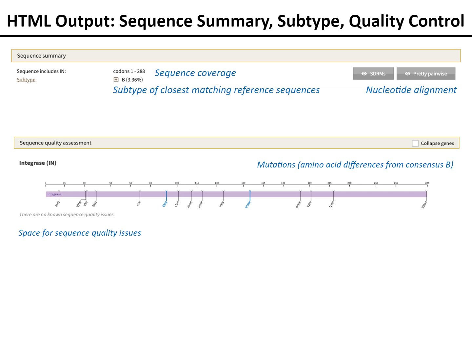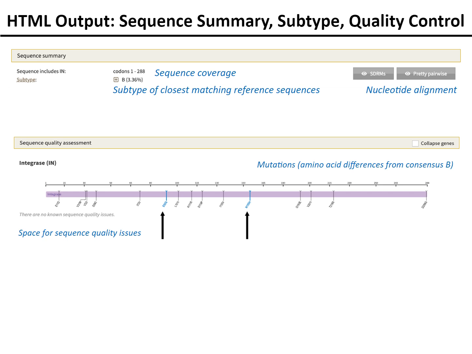The second part of the output contains a figure showing the mutations defined as amino acid differences from the consensus subtype B reference sequence. Drug resistance mutations and mutations that likely reflect sequence quality control issues are indicated each in a different color.